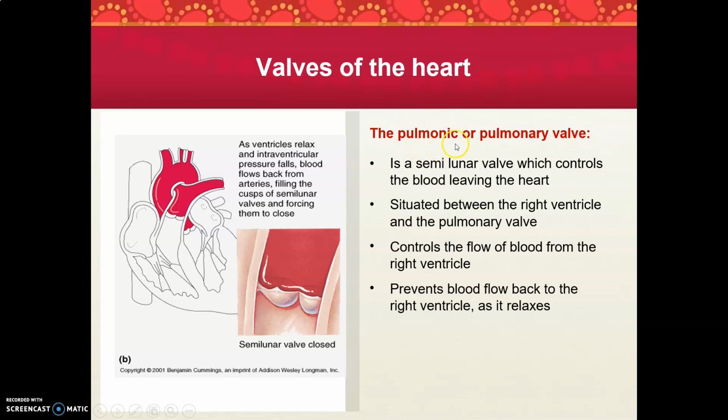So pulmonic will stand for any blood vessel which is associated with the lungs. Here you can see it controls the flow of blood from the right ventricle. From the right ventricle, the blood moves on into the lungs. So this semi-lunar valve, the pulmonary valve, helps in controlling the blood flow between the right ventricle and the lungs.